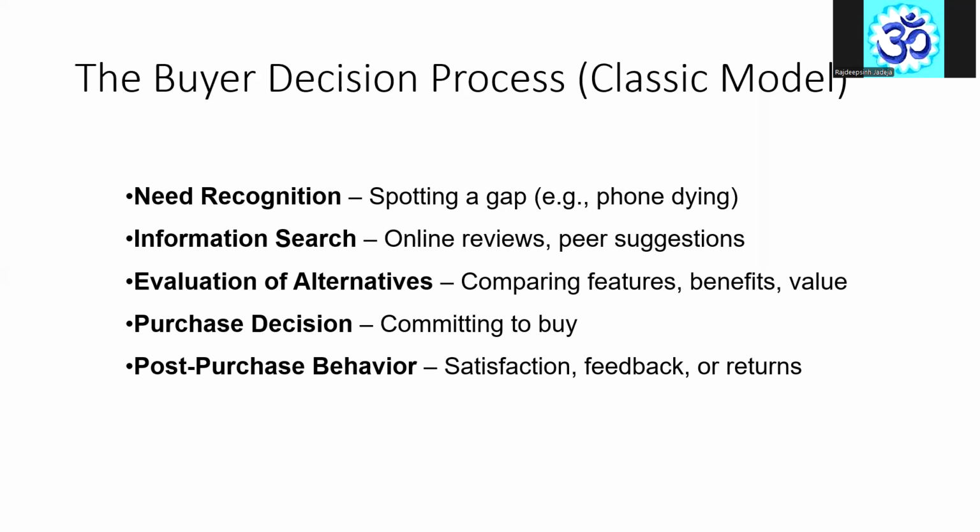My friend says that instead of purchasing an iPhone, you should go for Samsung Galaxy. So I will compare the iPhone and Samsung Galaxy. I will compare the features, check the benefits, check the value, and do a cost benefit analysis for both phones.